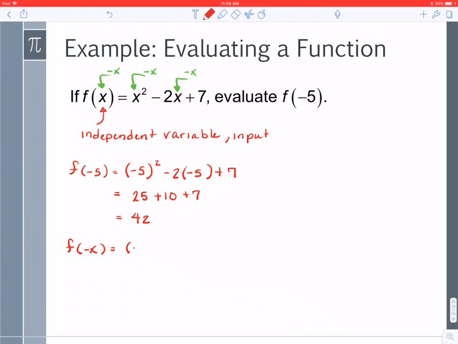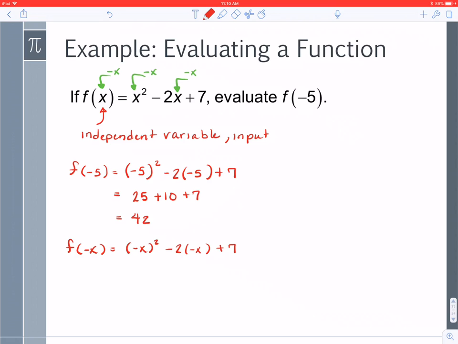I'm going to get (-x) squared, and notice how I'm substituting that negative value into my function with parentheses around that. That's going to help me avoid making sign errors. I have -2 times (-x), again, substituting that negative value into my function with parentheses, plus 7.